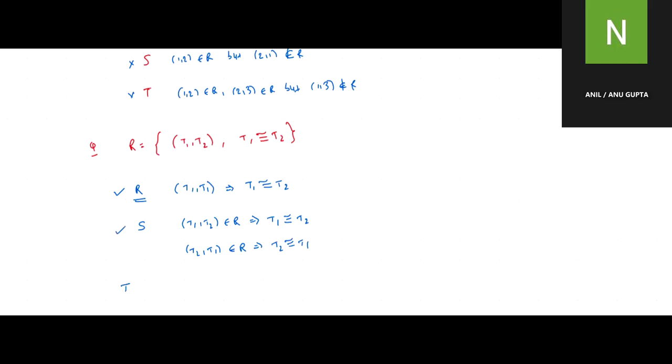Transitive. But 3 elements तो है ही नहीं. Okay, if you don't have 3 elements, let's take this condition. If (T1, T2) belongs to R, what does it mean? T1 is congruent to T2. You take another one, (T2, T3) belongs to R. What does it mean? T2 is congruent to T3.